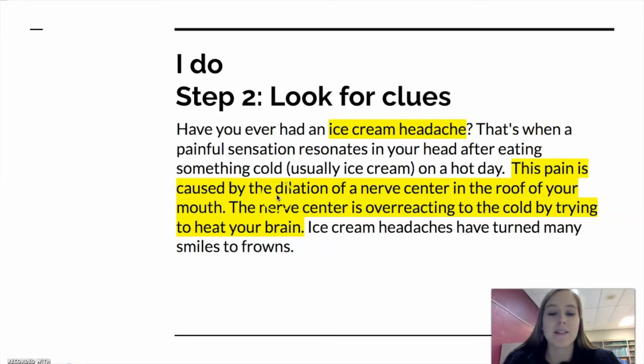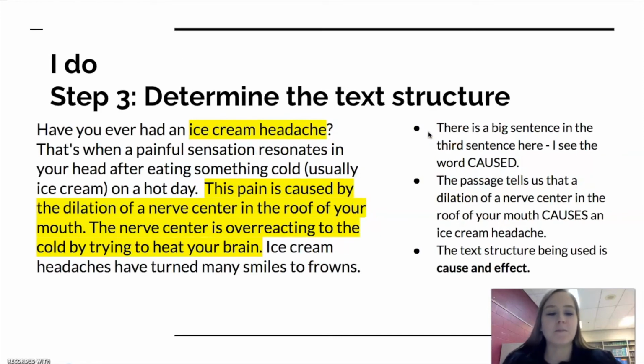There's pain that it's caused by the dilation of a nerve center in the roof of your mouth. The effect of that dilation is an ice cream headache or a brain freeze. So if we break this down, remember, big clue here, it has the word caused. It tells us that the dilation of that nerve center causes an ice cream headache. So the text structure here is cause and effect.